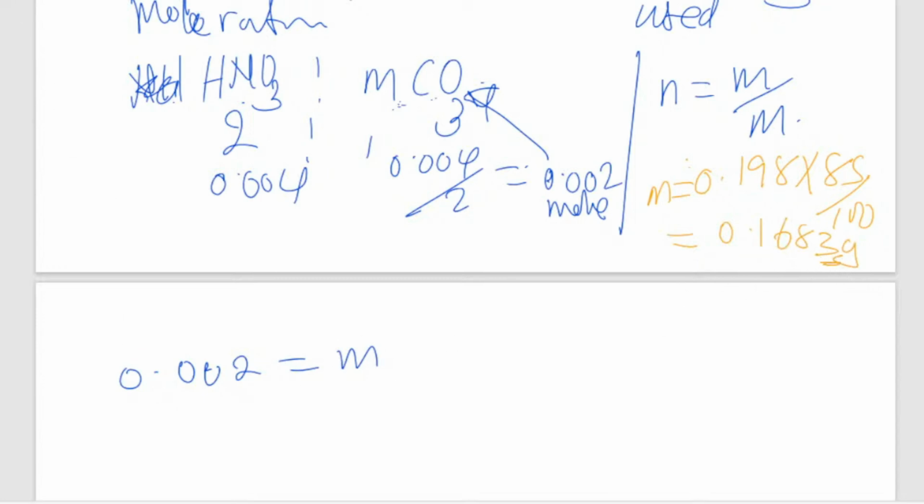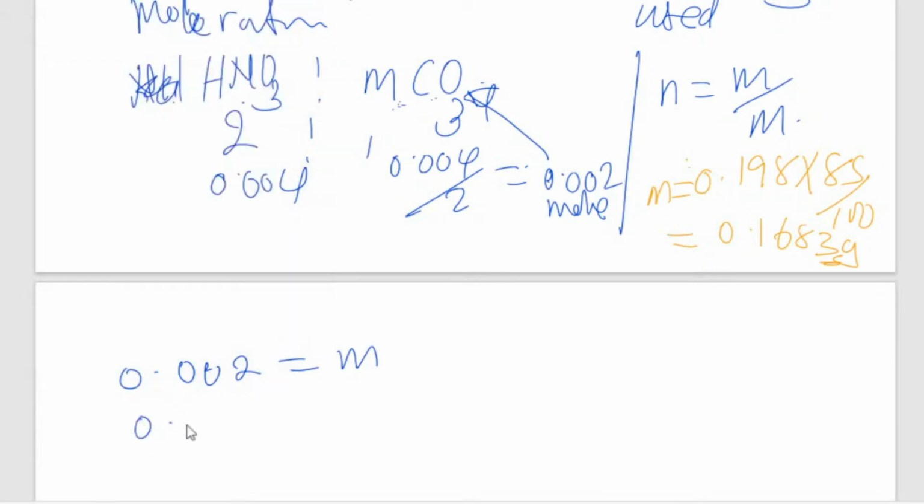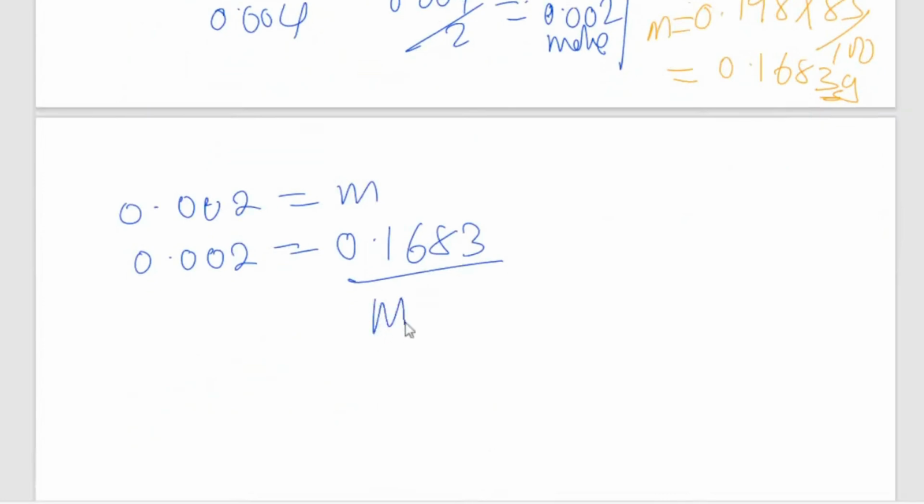So in this case, I will say that 0.002, I'm now substituting here, is equal to the mass, which is 0.1683, then divided by the molar mass, M carbonate.